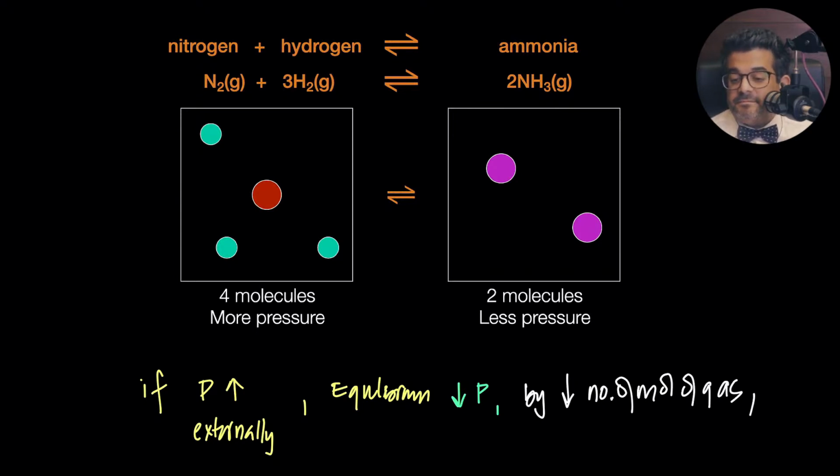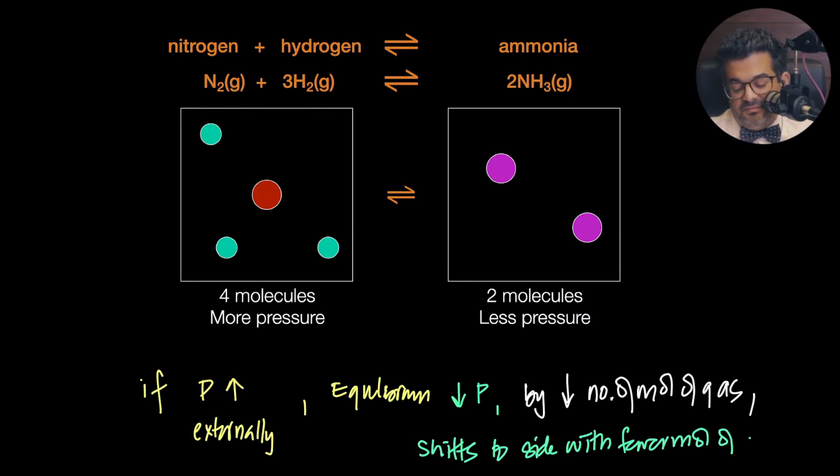Yeah? So which side has fewer moles of gas? That's where it will shift to. So it shifts to the side with fewer moles of gas. Which side is that? Anybody?